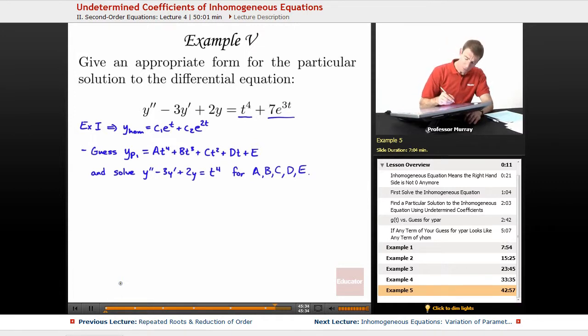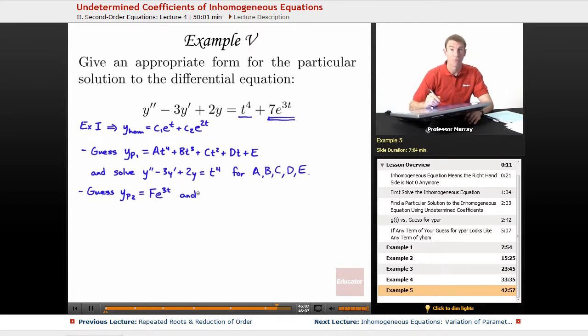So after you solve that part, then you have to deal with the 7e to the 3t. So we'd guess a new particular solution, yp2. Now I'm going to guess something of the form e to the 3t, so I'm going to guess generically, well, I don't want to use a again because I already used a above, so I'll use f e to the 3t.